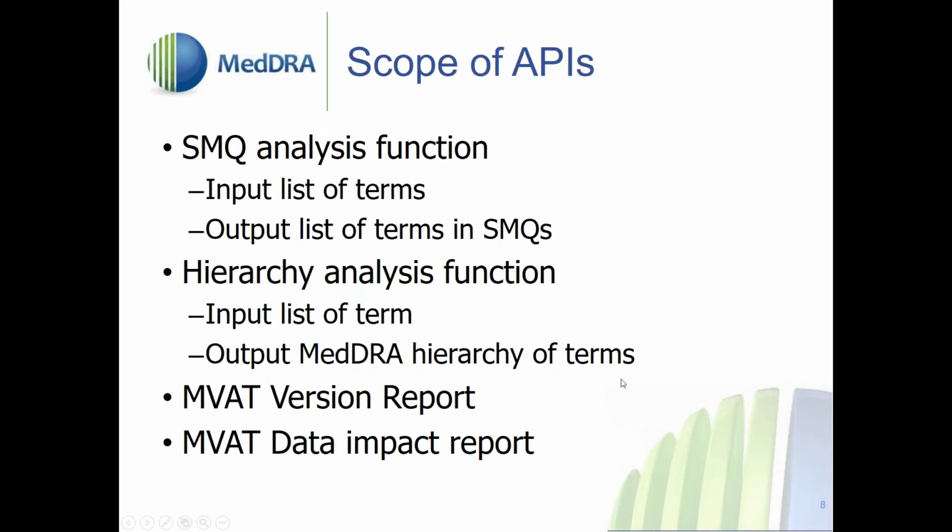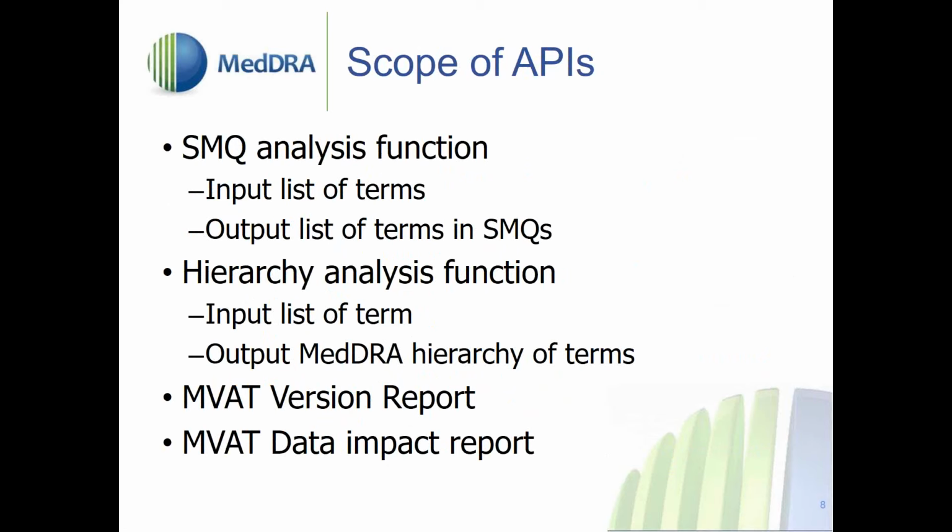We've also included APIs that provide the newer features of the web-based browser, and that principally is the SMQ Analysis function. This is a function that allows you to provide a set of MedDRA terms, and with the output being the SMQs that those terms are in.